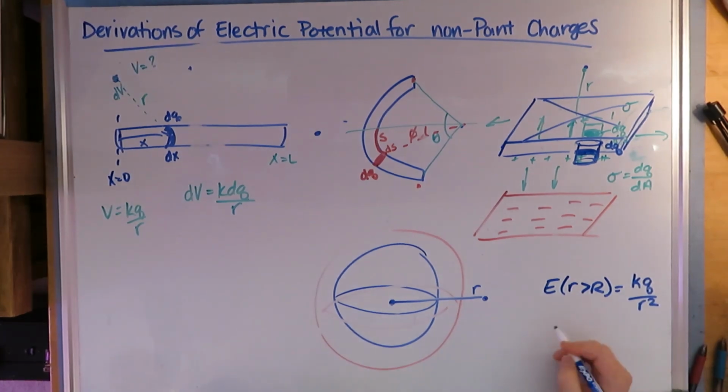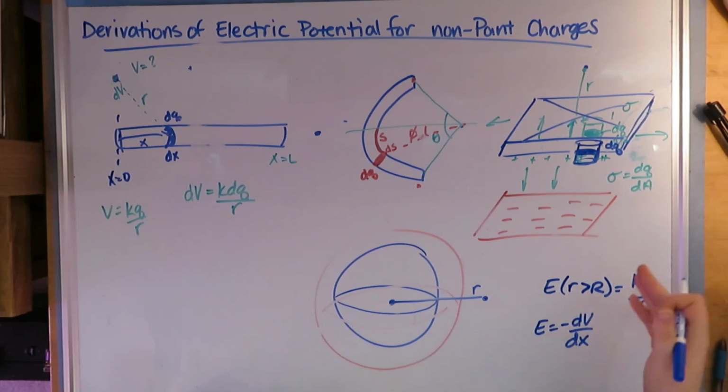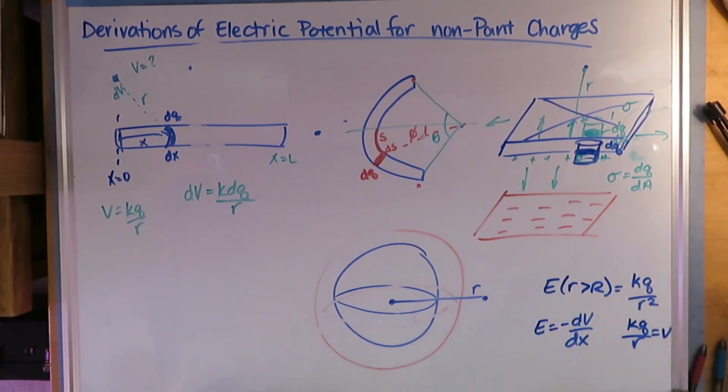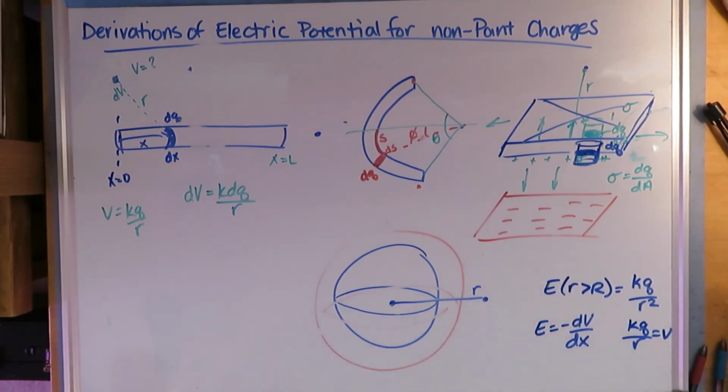Therefore, since E is equal to negative dV dx, if I were to integrate, I'm going to end up with KQ over R for V, as long as I'm outside of that sphere.